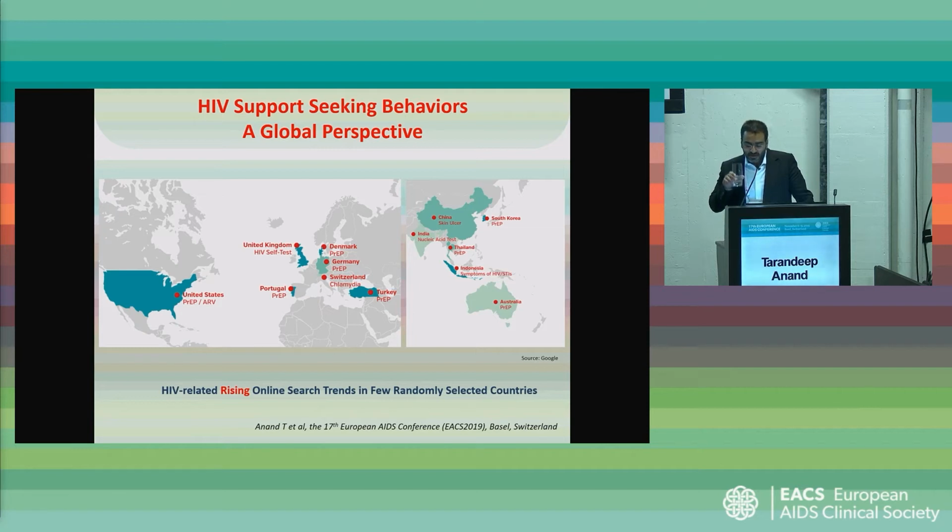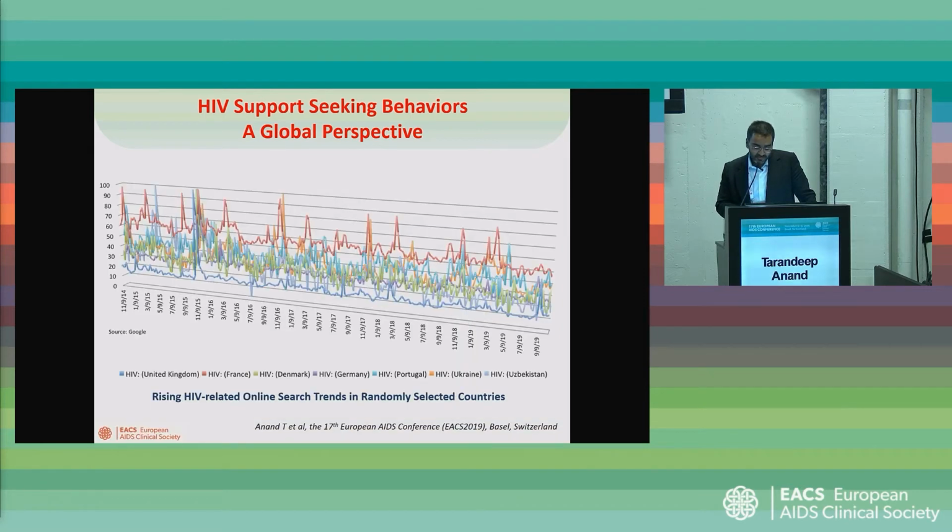What I have done is I have randomly selected a few countries in the world, and I have tried to highlight the HIV support-seeking patterns of these countries. For example, I have compared a few countries here, and I have seen over the past 5 years how people are using Google and the internet to search for HIV-related support online.